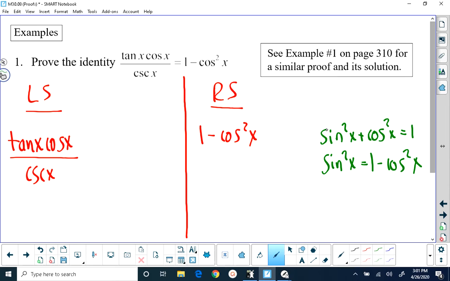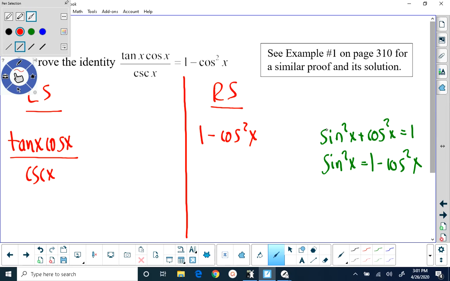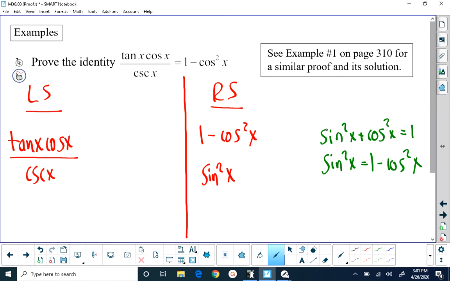And that means that 1 minus cos squared of x in my right-hand column can be rewritten as sine squared of x. And sine squared of x is simpler than 1 minus cos squared. And to be perfectly honest, I don't know that I can really simplify sine squared of x any further. There's not much I can do with it.